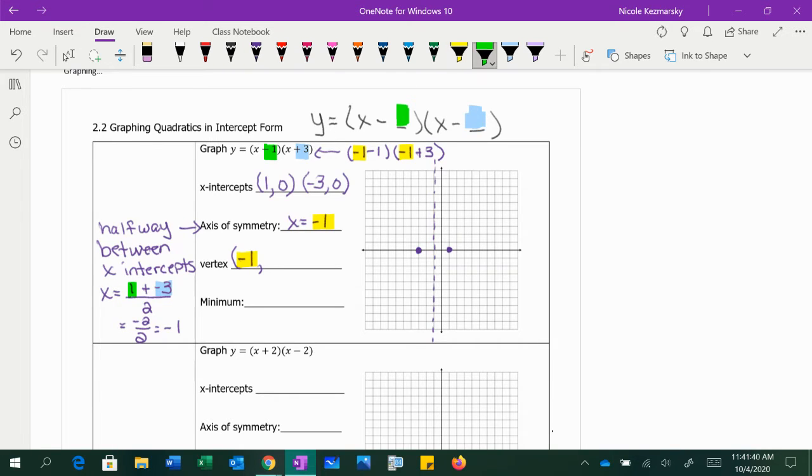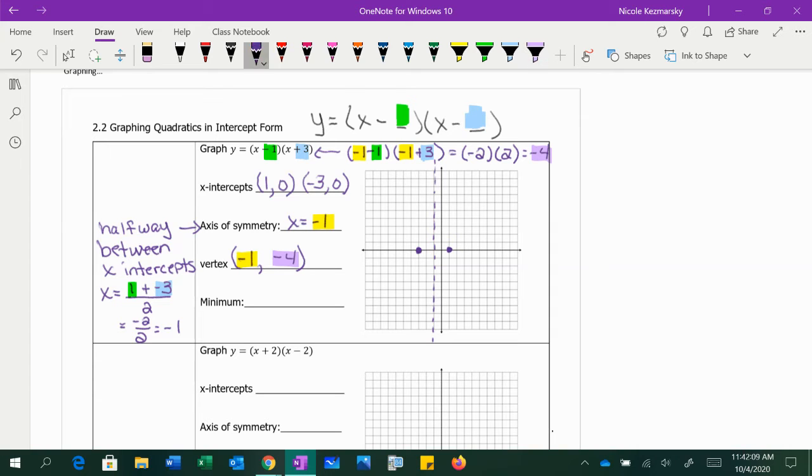So there are those, and this is green, and this is blue. Then -1 minus 1 is -2, and -1 plus 3 is +2. So that gets me -4. -4 is the y value of my vertex. So that goes in purple.